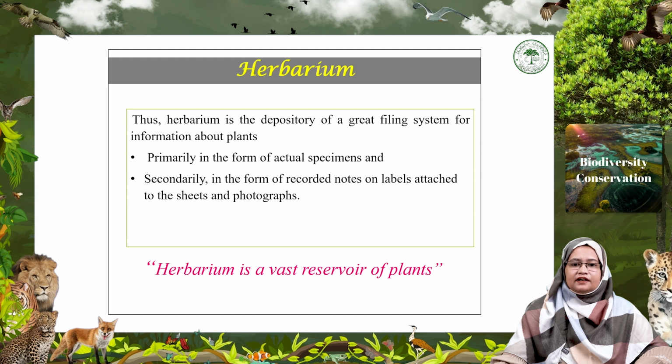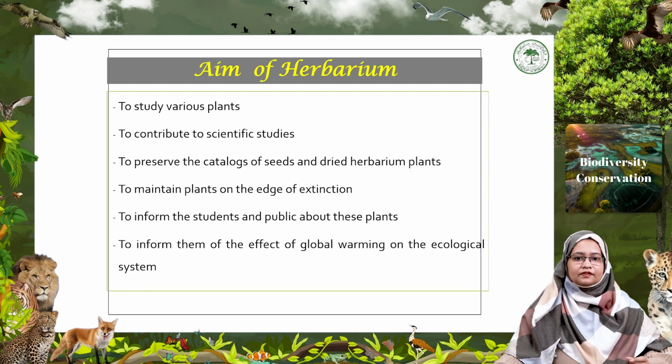And the label provides data on plant names, collection location, flowering times and more, adding depth to our understanding of plant diversity. So we can say that herbarium is a vast reservoir of plants. So this is the introduction or definition of the herbarium, that is, the reservoir of plants in different forms.